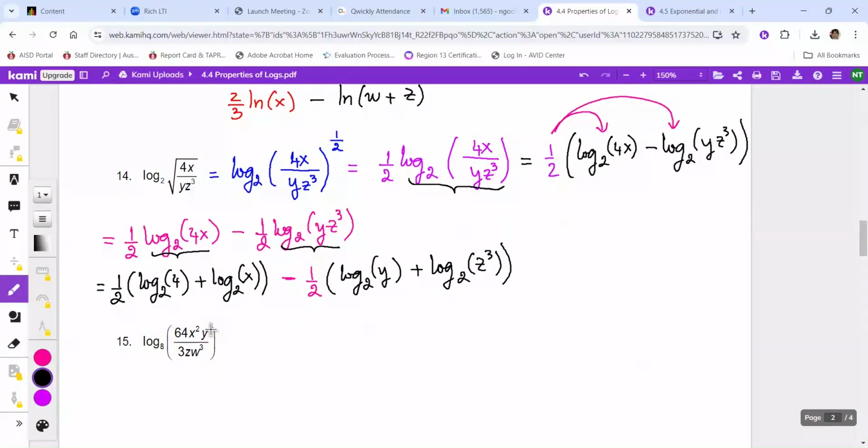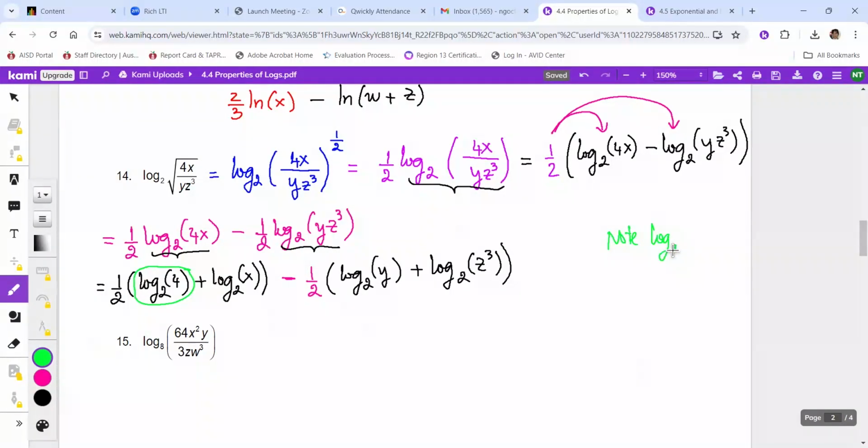Okay, so now I'm going to go ahead and distribute the 1/2 and clear the parenthesis. But first, log base 2 of 4. So I'm going to make a quick note right here.